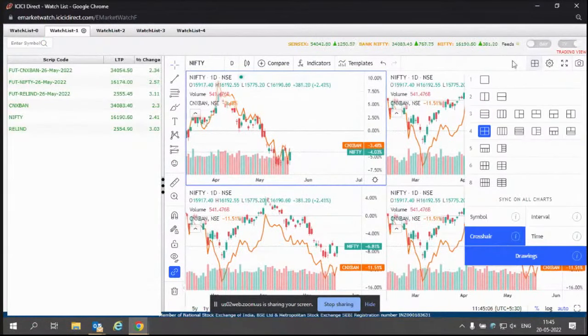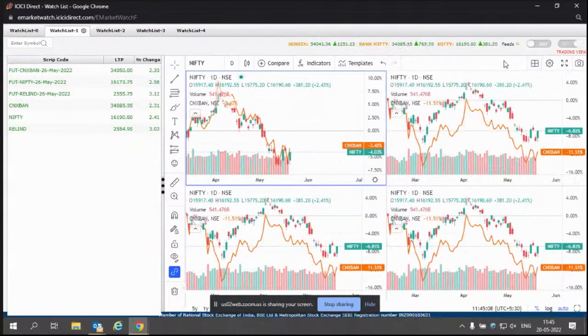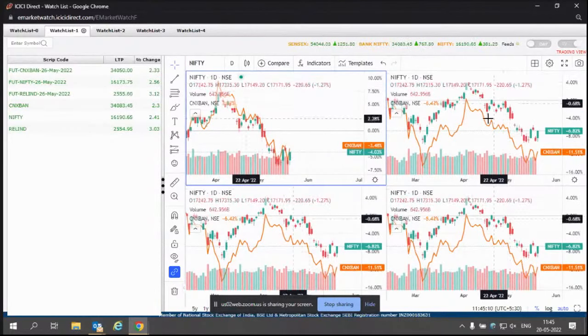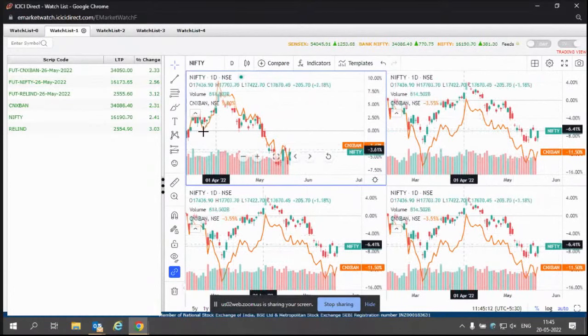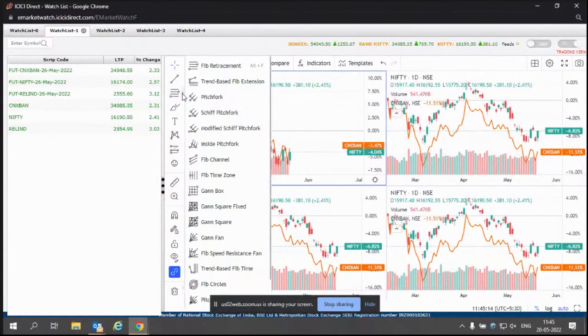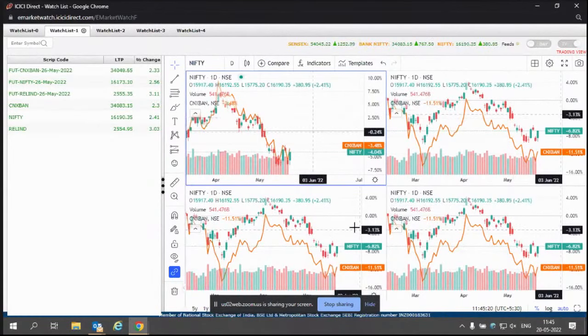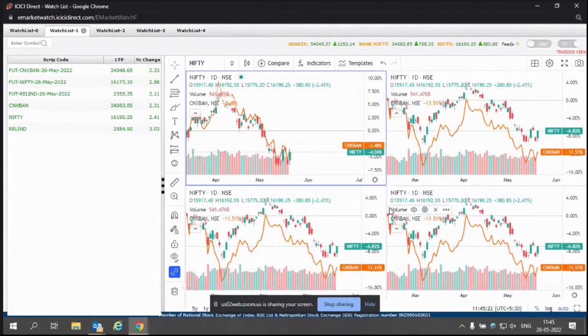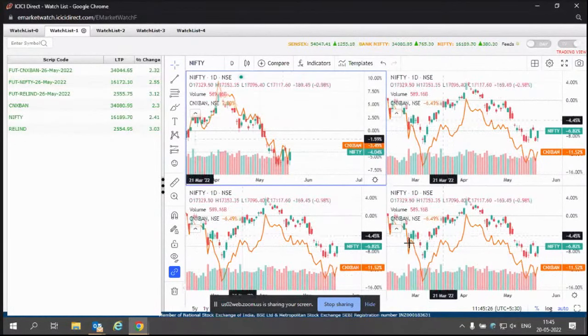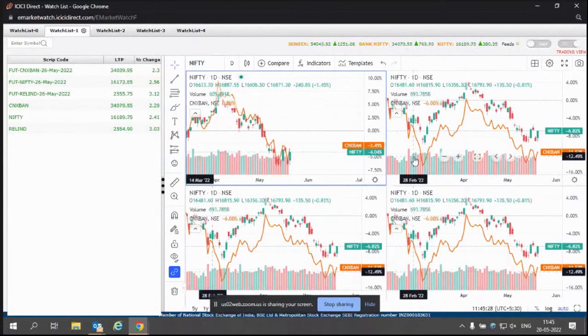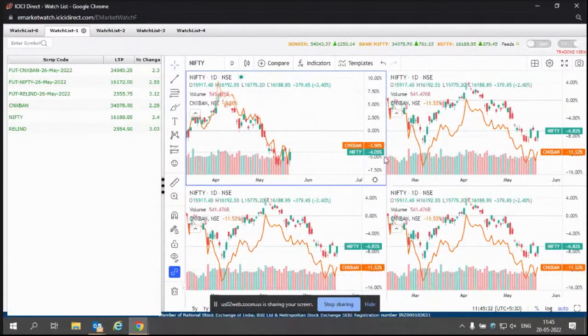So these were the things, I think we have covered the majority of the stuff. As we mentioned, there are plenty of other tools which you are free to explore. We have just come up with this fantastic tool. Earlier we used to have ChartIQ in here, but you can go and explore all the stuff that you want, and you can even place orders directly from the charts.